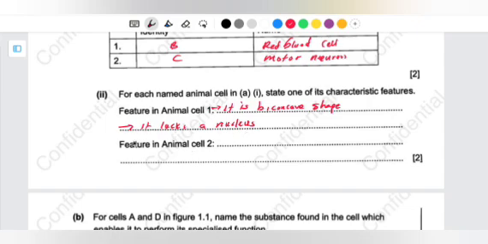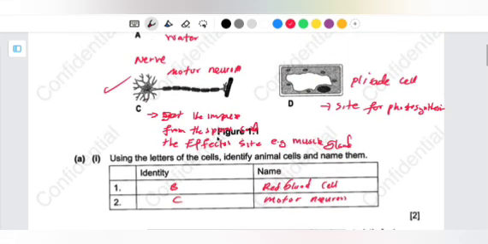Then the structural features in animal cell 2, which is the motor neuron. In terms of the structures, we have these which we call the myelin sheath. This gap here that we are able to see is called the node of Ranvier, but this part here is called the myelin sheath.